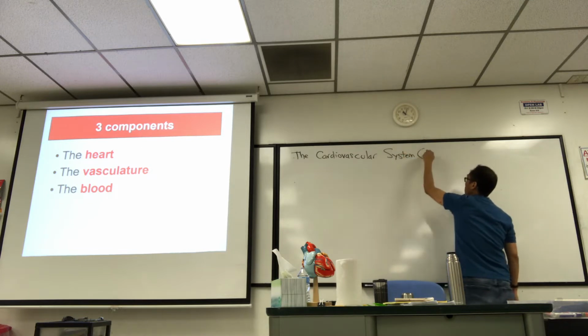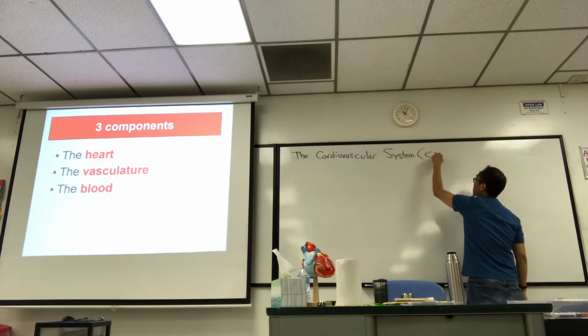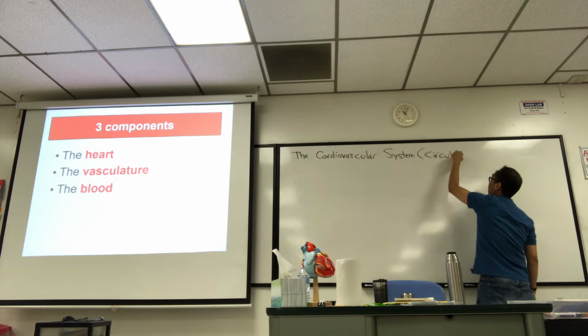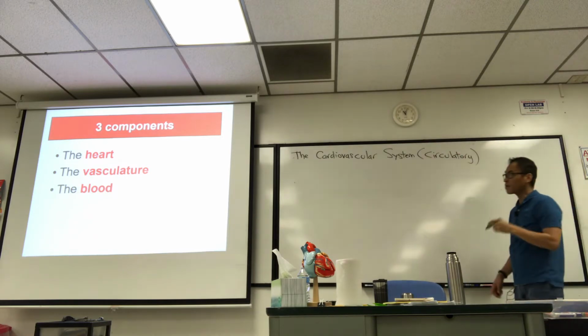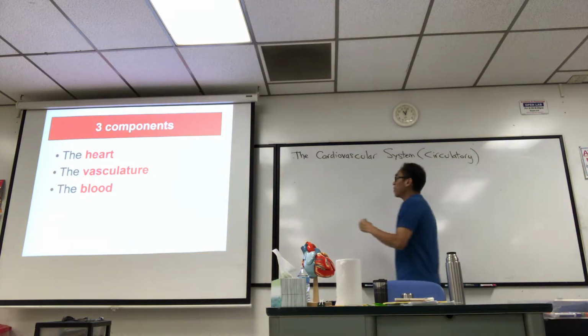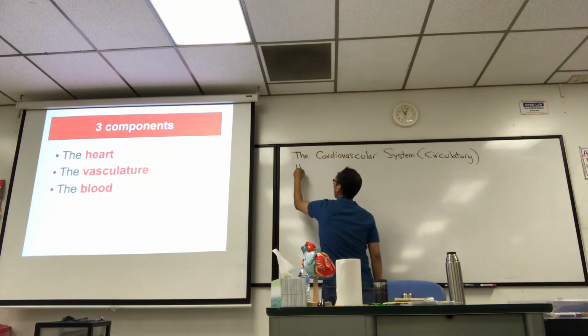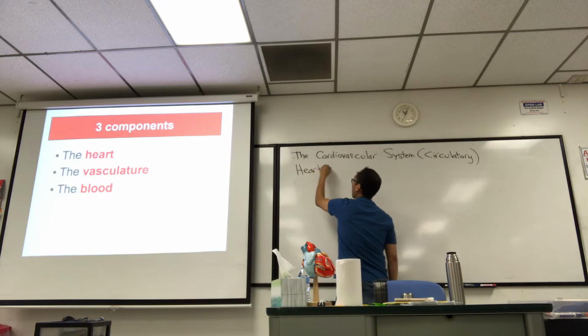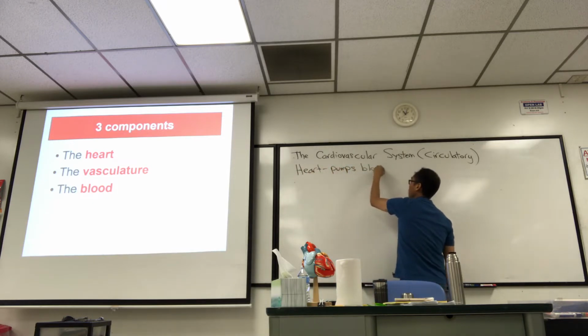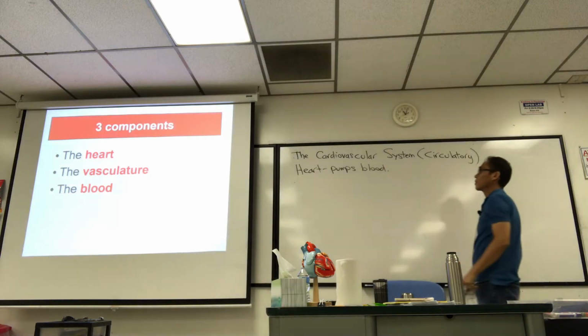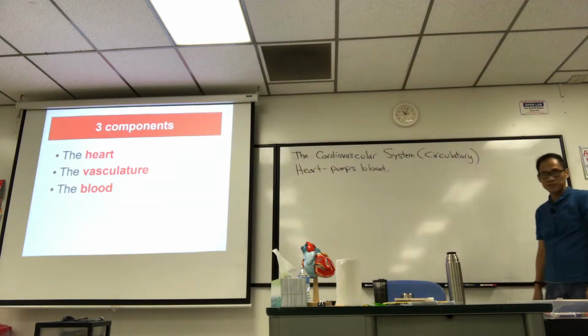The cardiovascular system is also known as the circulatory system because it circulates blood. The heart is the muscular pump that pumps the blood. Now everyone knows the heart pumps blood. That's why you give chest compressions and CPR, you're moving the blood forward.